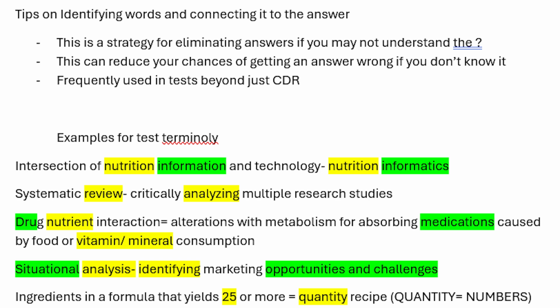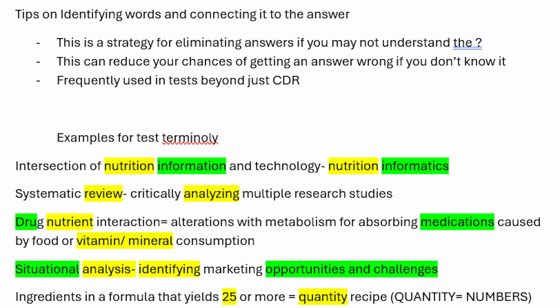So let's just get into it. So, intersection of nutrition, information, and technology equals nutrition informatics. So I've highlighted these words that have a connection to each other and are similar concepts. So, of course, nutrition has the same definition. So, nutrition, information, and technology.